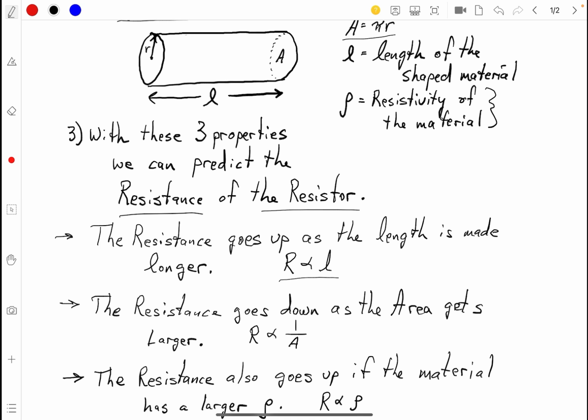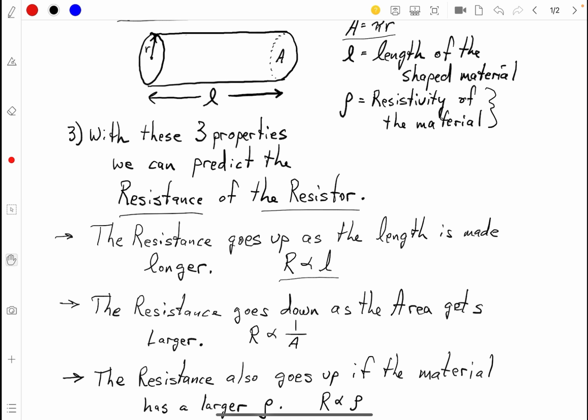And it'll go down as we make the area larger, because it has more room to flow through and we're not restricting its flow. It's just like allowing water to flow through a large sluice versus a very narrow straw. You can get water to do different things. So the larger the area, the lower the resistance.